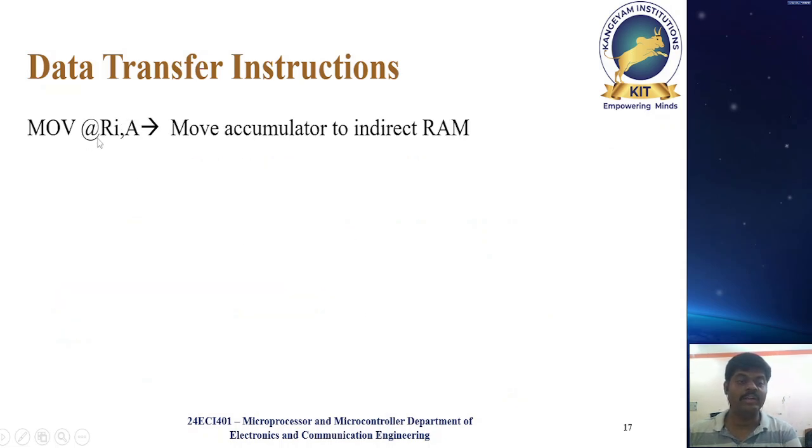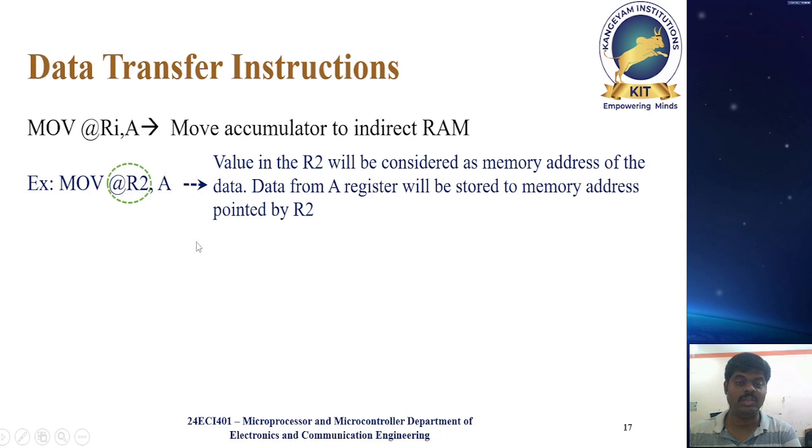Next is MOV @Ri comma A. Here the source is the accumulator and the destination is the memory location pointed by the register. Example: MOV @R2, A. The value in R2 will be considered as a memory address, as shown previously.